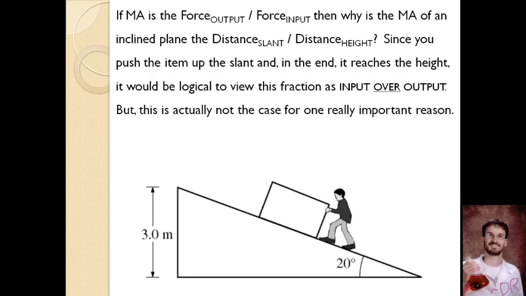I know it looks like that's what we're doing, but it's not. For one really important reason that I would hope you would pick up on if I let you stare at this long enough. Well, this is force, and force is very different from distance.